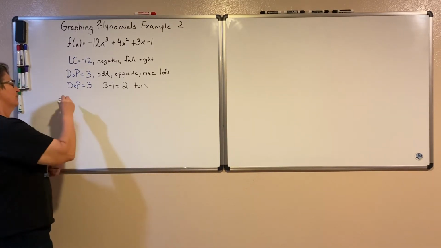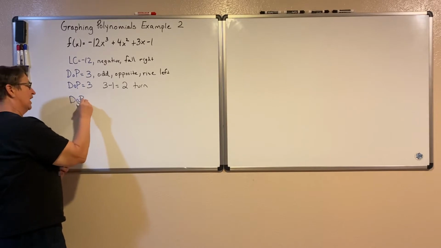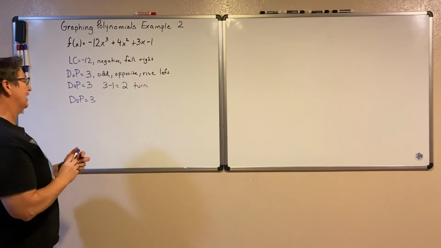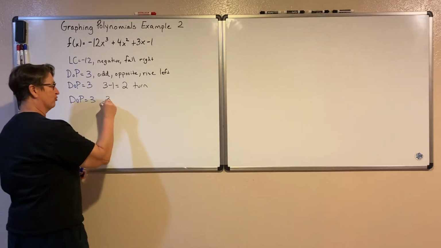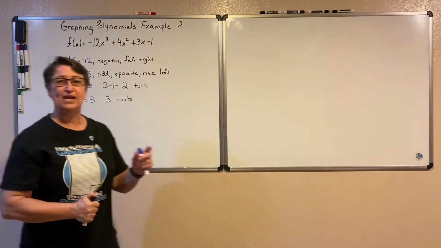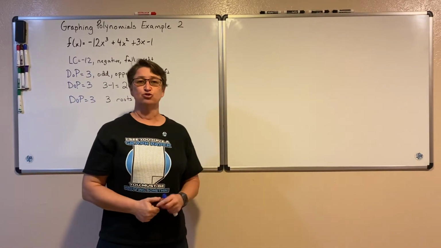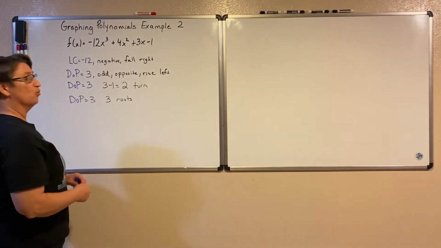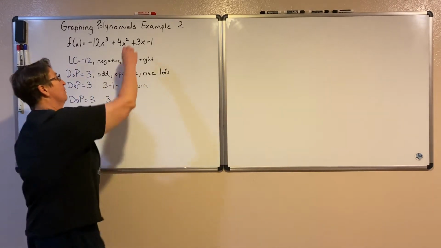Then, because 3 is our degree, we know that there are going to be 3 roots. And later when we find our x-intercepts and we write it in linear factors, we should have 3 linear factors. So that's step 1, we find the end behavior.